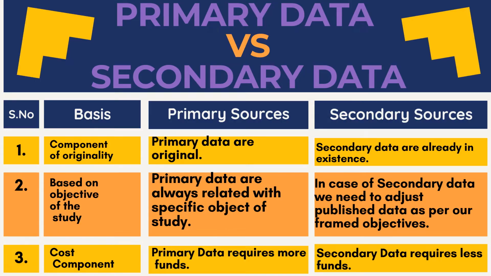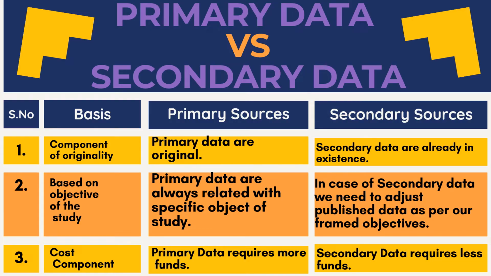In the second point we can conclude that with primary source data the objective is always fixed, it can never be changed. But in secondary sources data, you may be taking data from some other sources, then you can modify their objective in the form of your objectives and frame some new objectives.